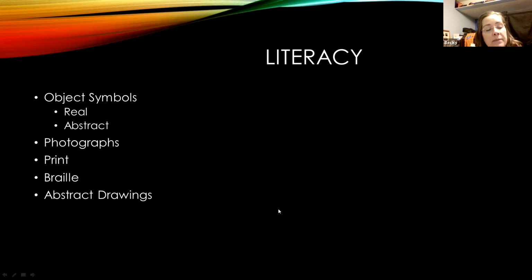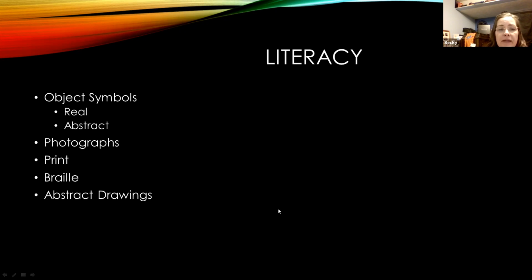And we're thinking about real symbols. We're really thinking about the paintbrush that we're going to use to represent art, the bells that we're going to use for music, or the toothbrush that we're going to use for hygiene. All of those actual objects representing something for our students with CVI. And we want to make sure when we're choosing these objects that we're choosing the objects that fit their phase on the CVI range.